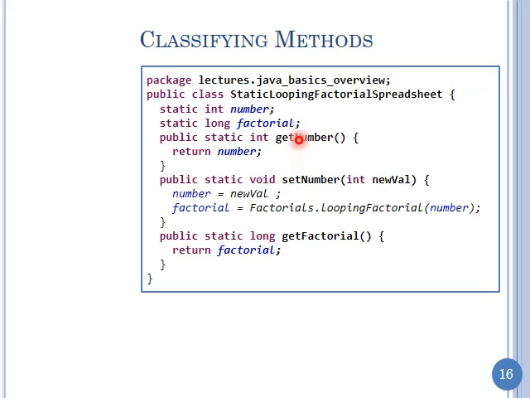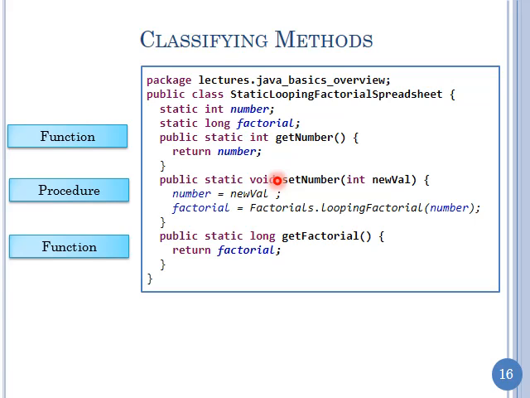There are many ways you can say that. Get returns something, and set doesn't return something. A method that returns something is called a function, and a method that doesn't return something is called a procedure. So I can call this a function, procedure, function.